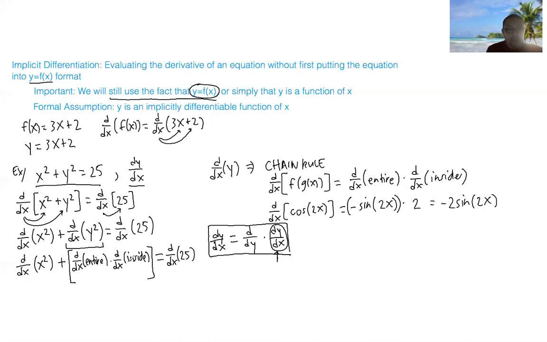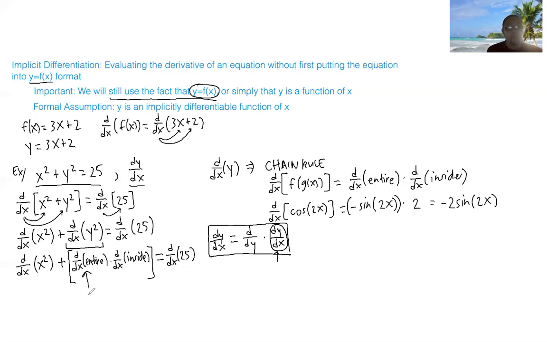And so let's look at these two terms, okay? The derivative of the entire thing, right? We said that dy over dx can also be defined by d over dy times dy over dx. And so we know that y is a function of x, and so this can be simplified as the following.